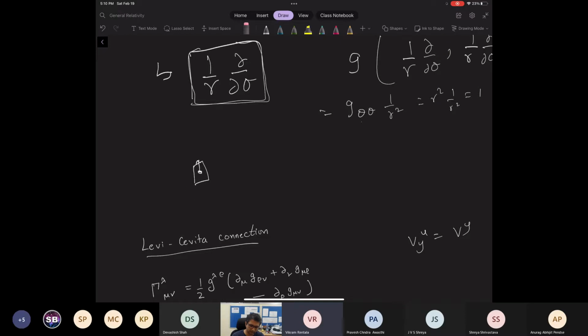Now we'll come to the idea of parallel transport. Any questions here?